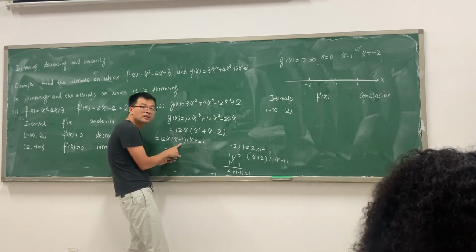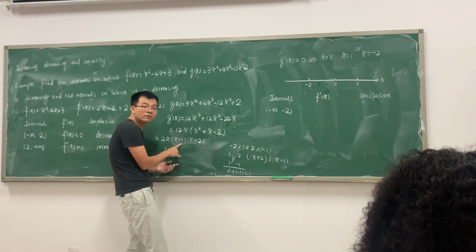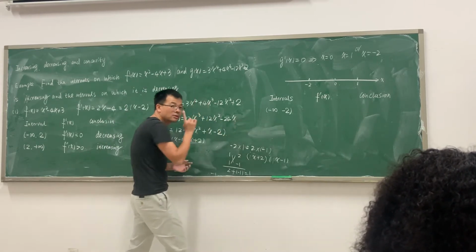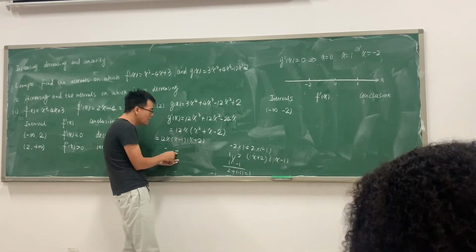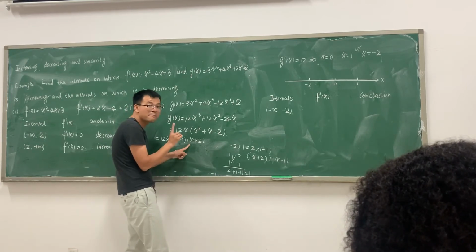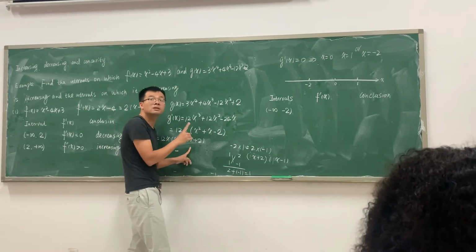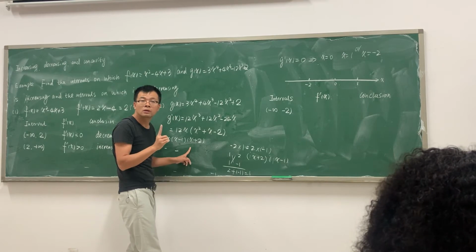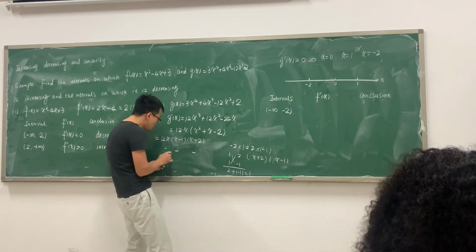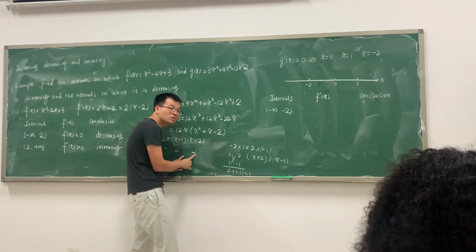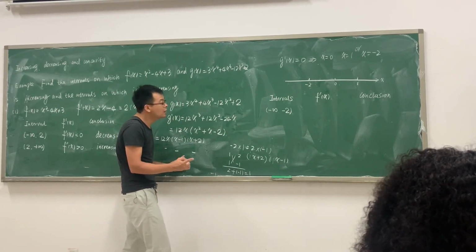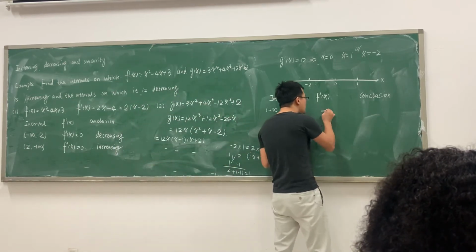Here, x - 2 is also negative. And x + 2, when x is less than -2, is also negative. So a negative number times a negative number times a negative number is negative.